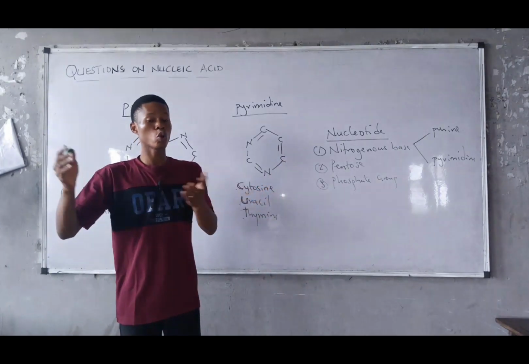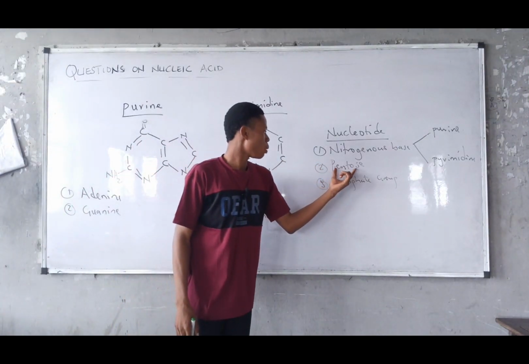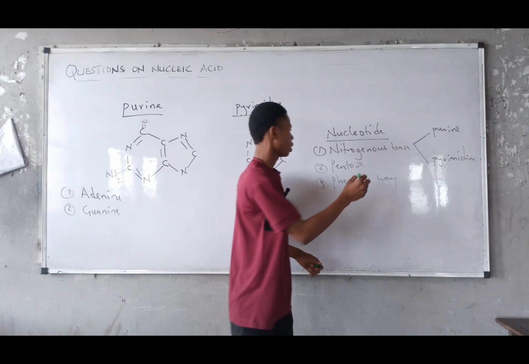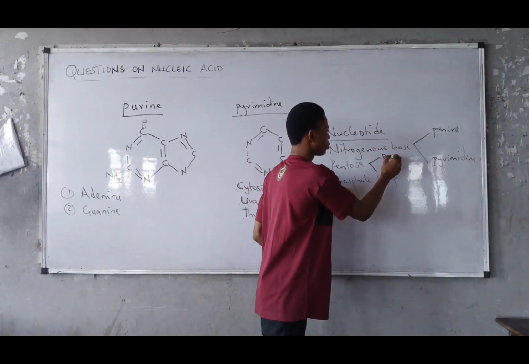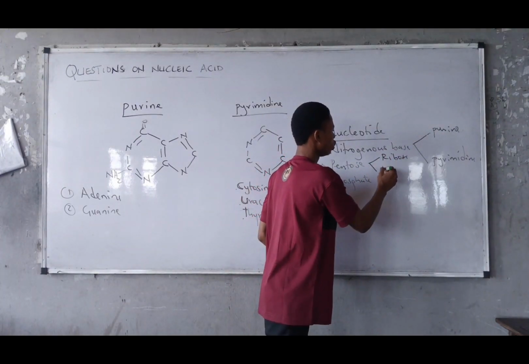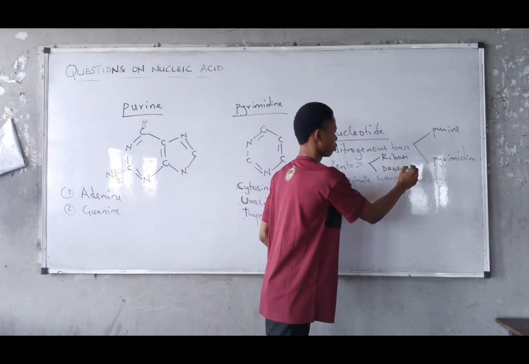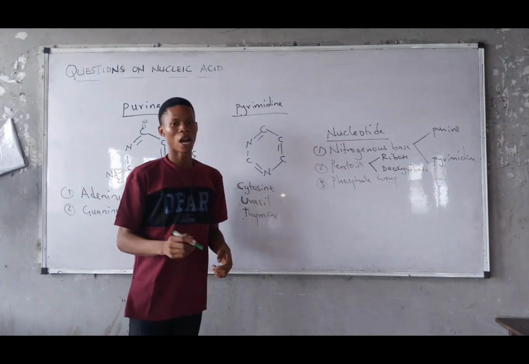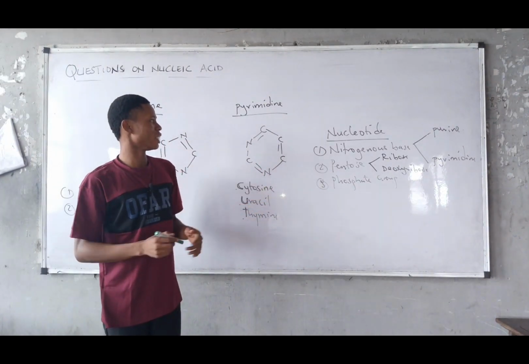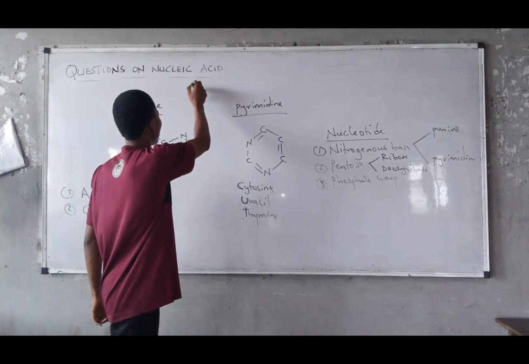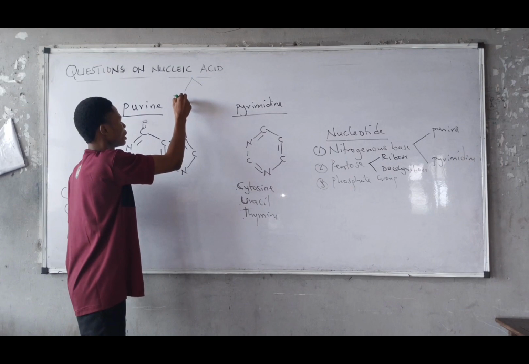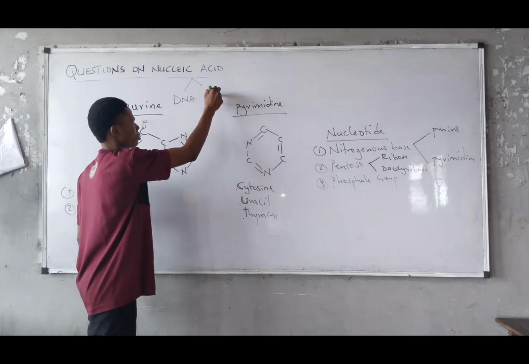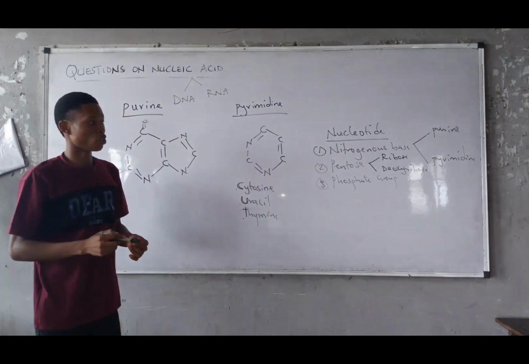Now, if you are to go on, the pentose here can either be ribose or deoxyribose. And just like we said earlier, the two types of nucleic acid we have are DNA and RNA.